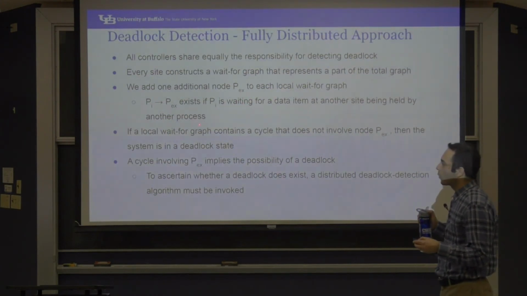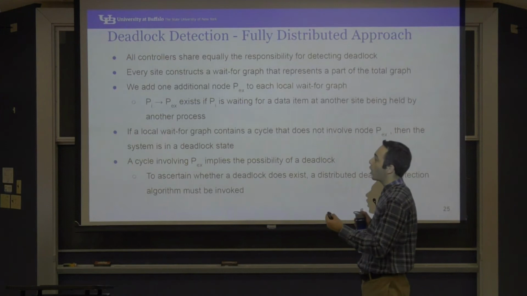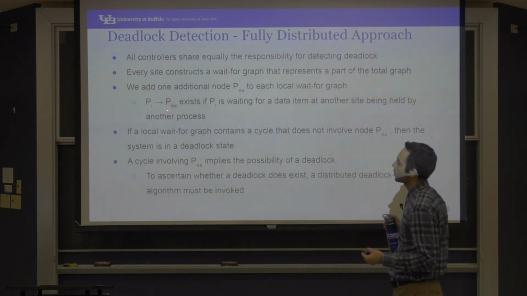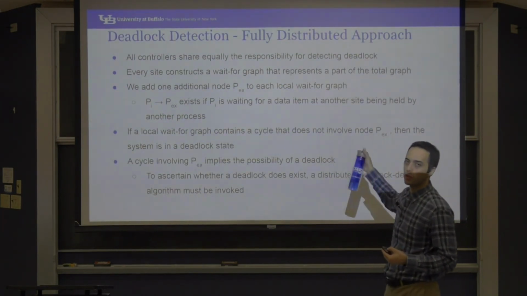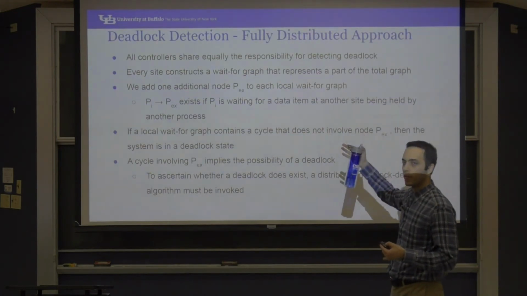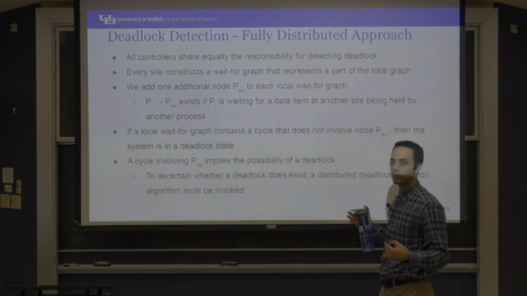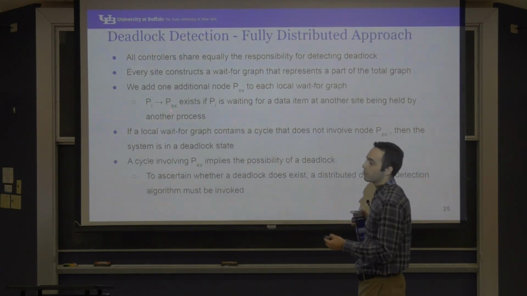And they get this partial information that if they know that Pi is waiting for some other process, some other resource outside of this site, that means Pi is waiting for a different process. But they don't necessarily know all the details of that information. So instead, they draw the edge between Pi and PX.